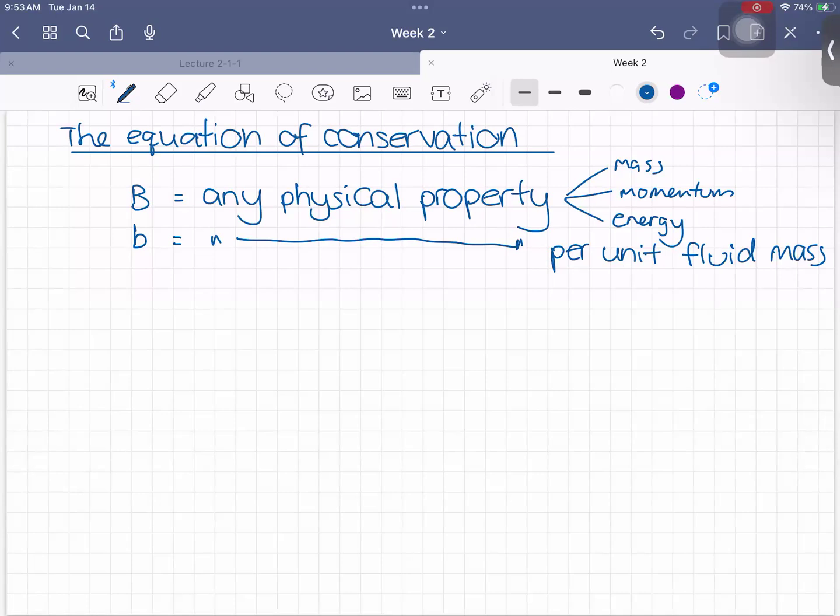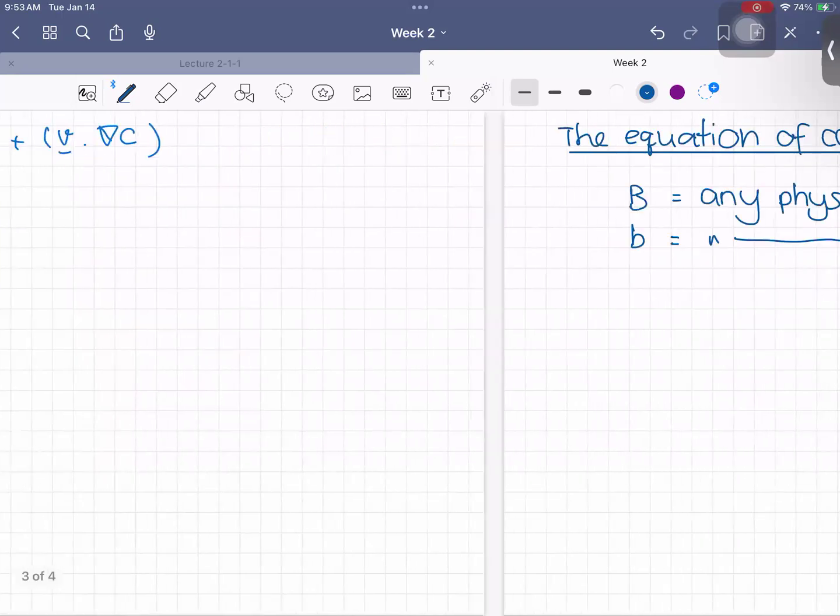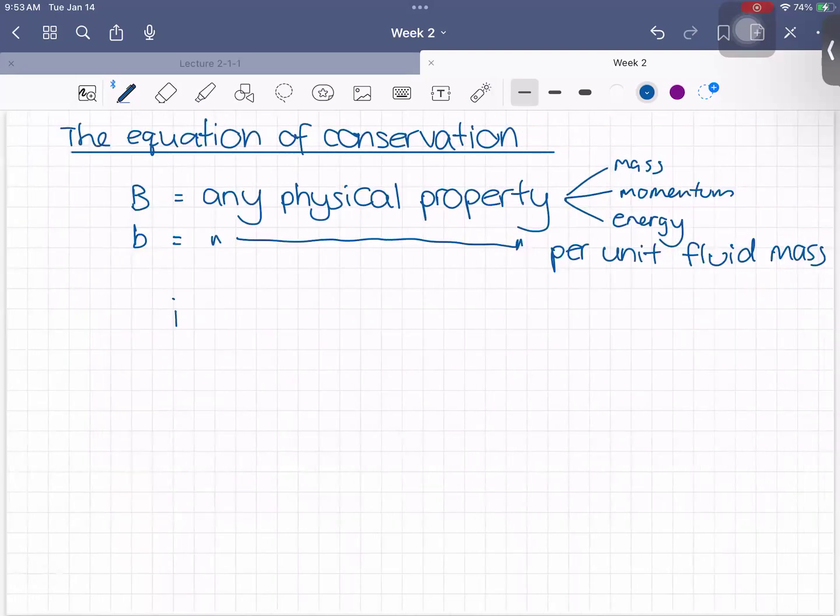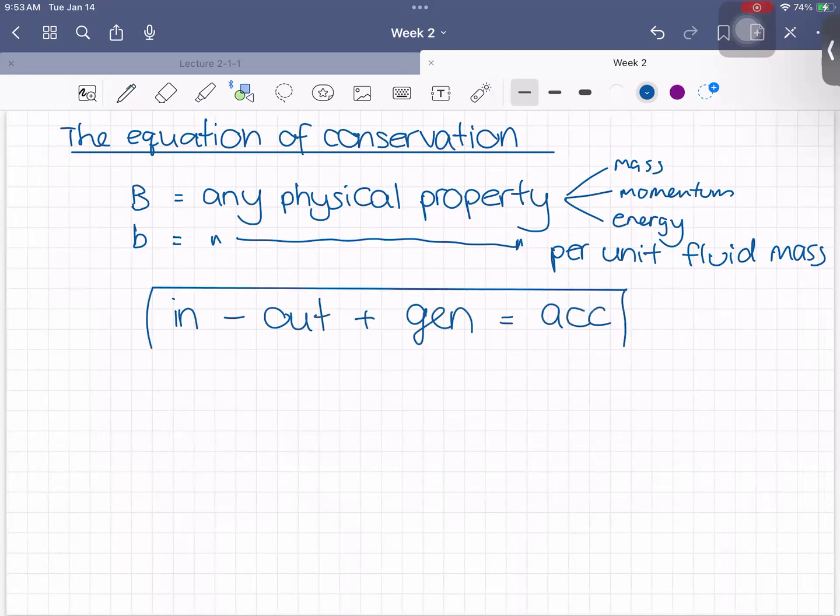Previously, let me write it again. We have four terms: in minus out plus generation equals accumulation. We're going to derive and construct a term for each of these four terms in the equation.